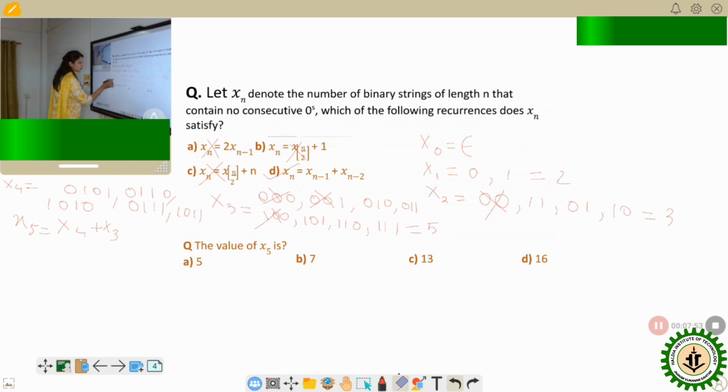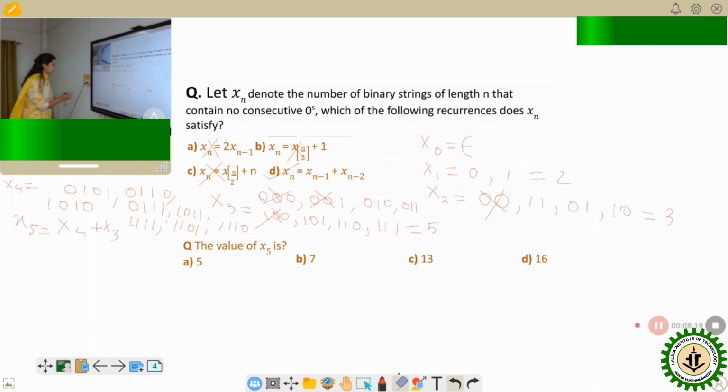And 1100, there are consecutive zeros. 1101 and 1110 and 1111. So the value of x4 is 1, 2, 3, 4, 5, 6, 7, 8.